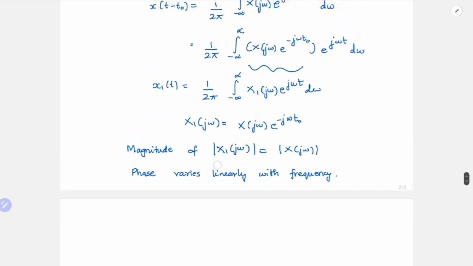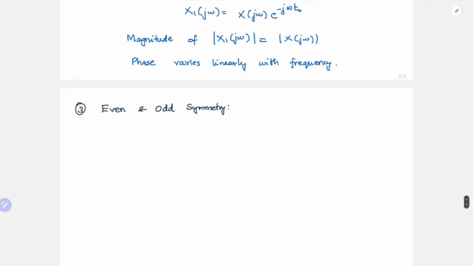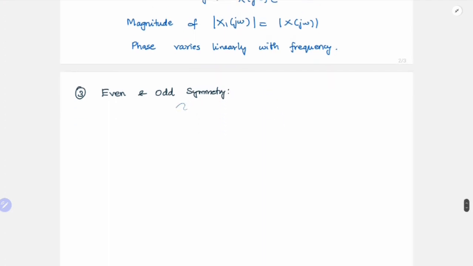So next let us see the even and odd symmetry property. So what happens if x of t is even? What happens to the Fourier transform? If x of t is even, we want to find what happens to x of j omega, right?